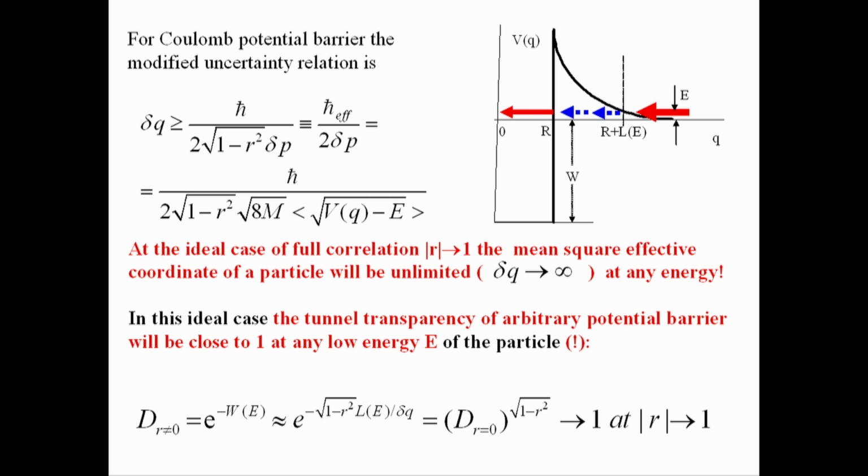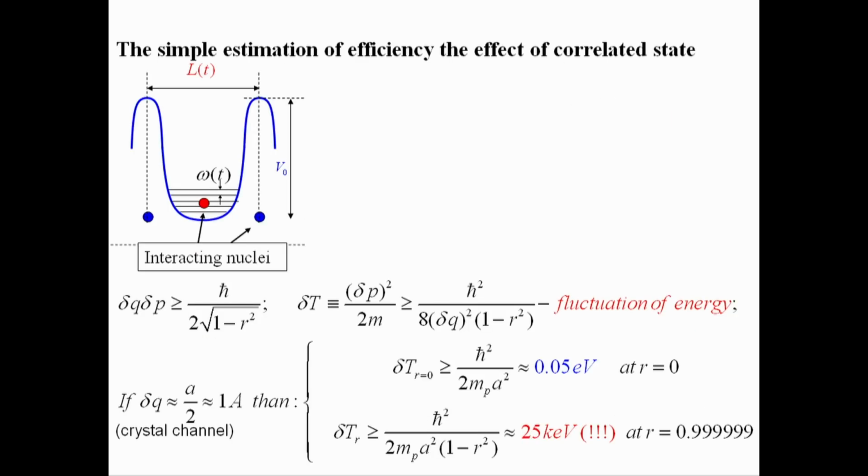So for a totally correlated state, there is full transparency of any potential barrier at any very low averaged energy. Very interesting.